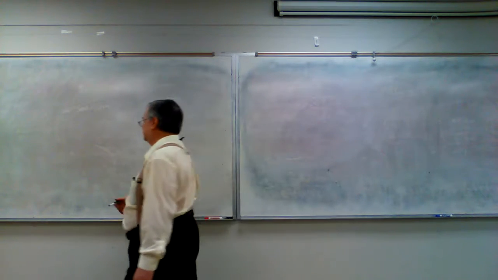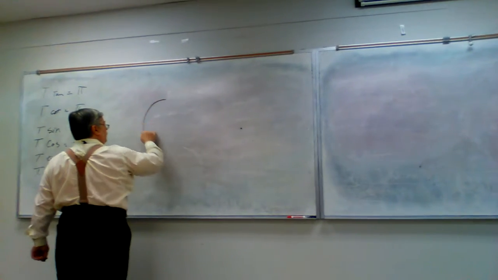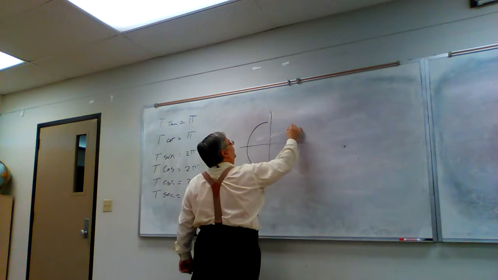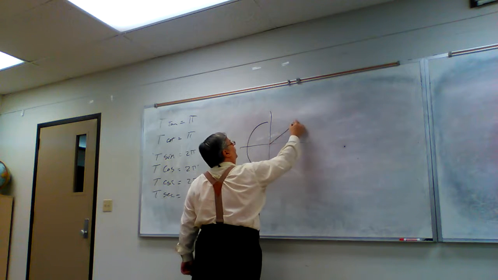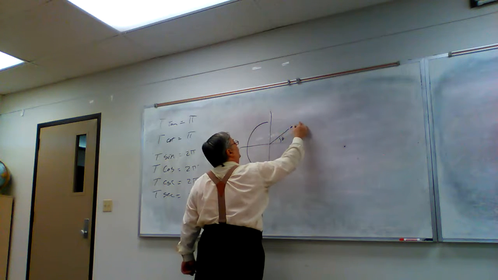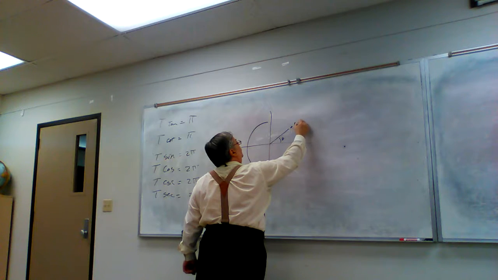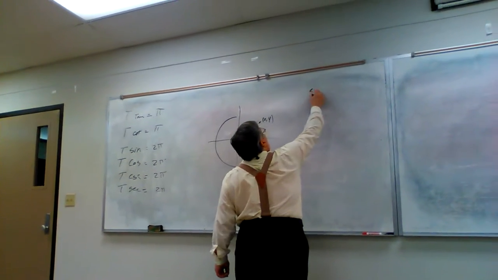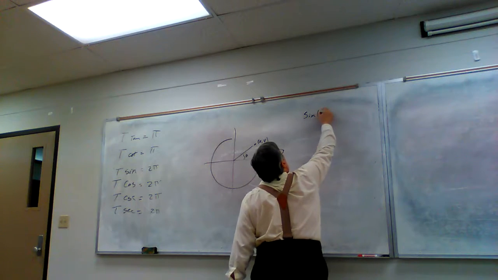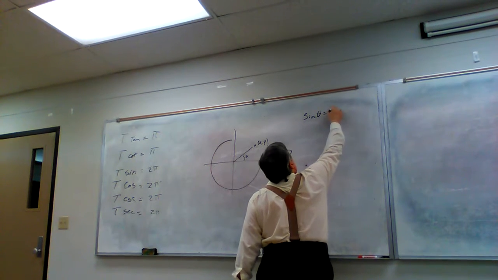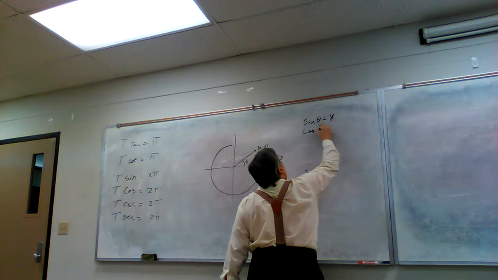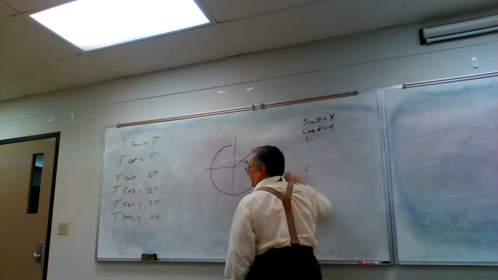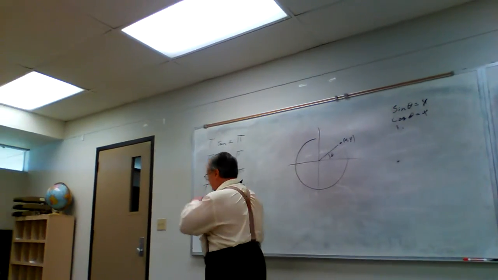Okay, here, unit circle. There's your angle, X and Y. Sine of theta equals Y, cosine equals X. Tangent is Y over X. Y'all remember all of that.